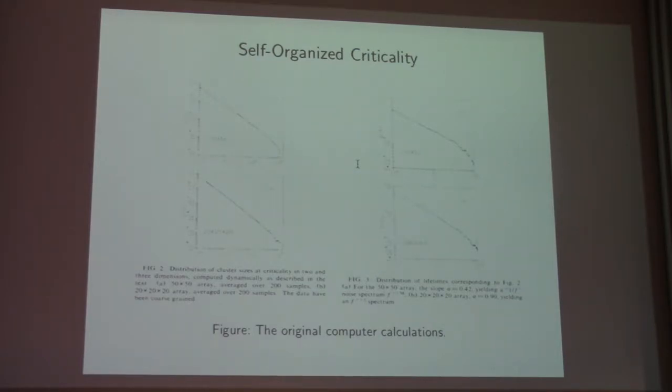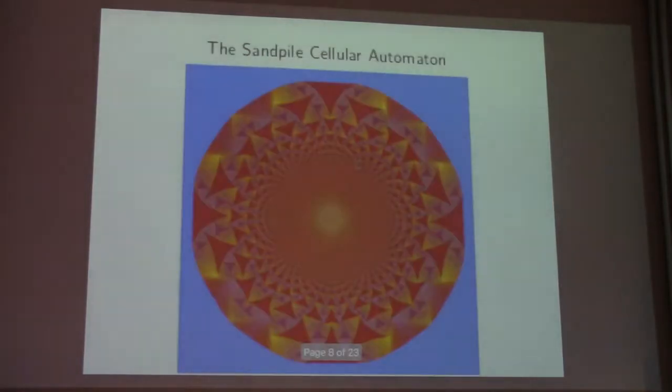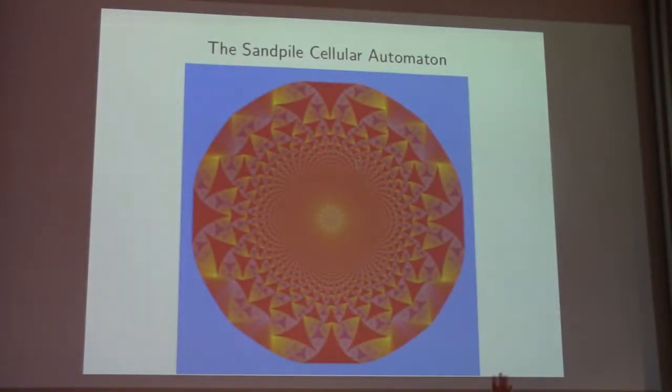Well, what they could do in 1987 is kind of funny these days, because they could do 20 by 20 and 50 by 50, and not really much more than that. Nevertheless, what are they doing here? What they are doing is, once you reach this state, they throw 1 extra grain of sand at random anywhere, and they let it settle, and they measure the size of the avalanche.